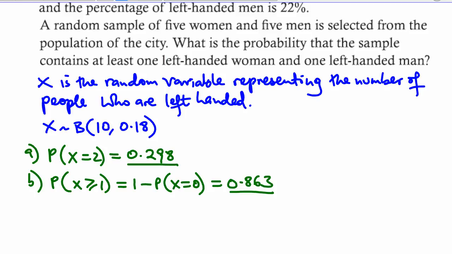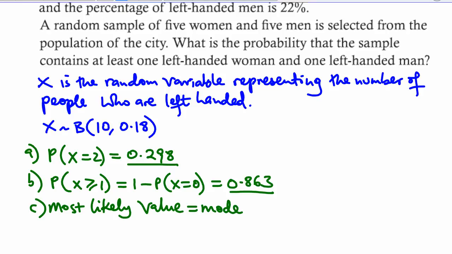Now, find the most likely number of left-handed people in the city. Most likely value, that sounds like mode to me. So most likely value will be the mode. All right.